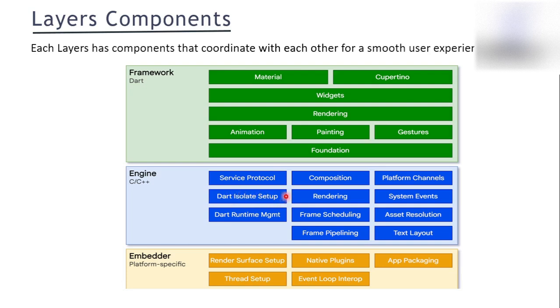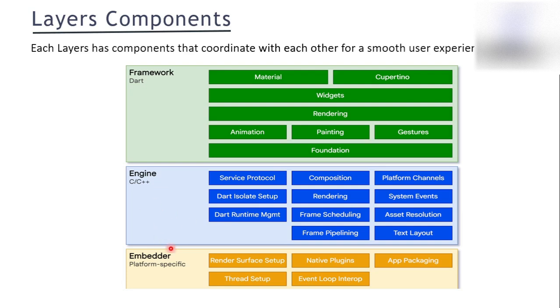Many services are used here for converting the Flutter applications, or using the services of Flutter for the native platform. This engine layer is exposed to the framework layer. We developers can access engine layer components like the Dart isolate setup. A Dart isolate is used for multi-threading, and if you want to use it from the framework layer, then we use the dart:ui package, which exposes the engine layer.